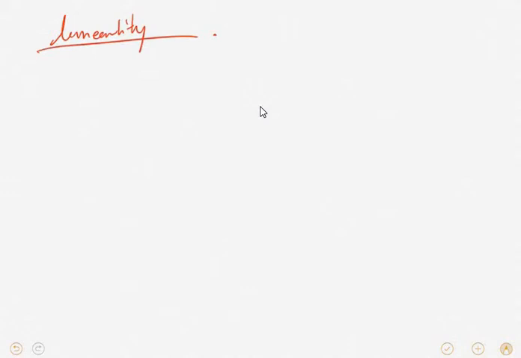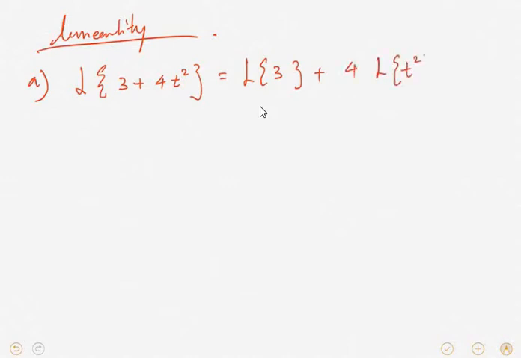Let's say you have the question: Laplace transform of 3 plus 4t squared. You can separate it into two: the Laplace transform of 3 plus 4 times the Laplace transform of t squared.